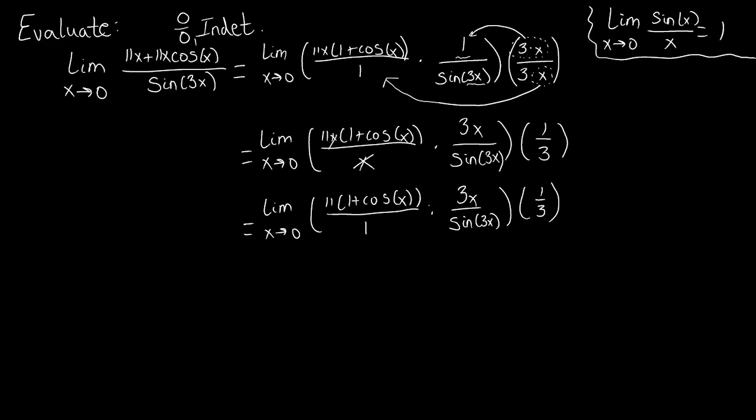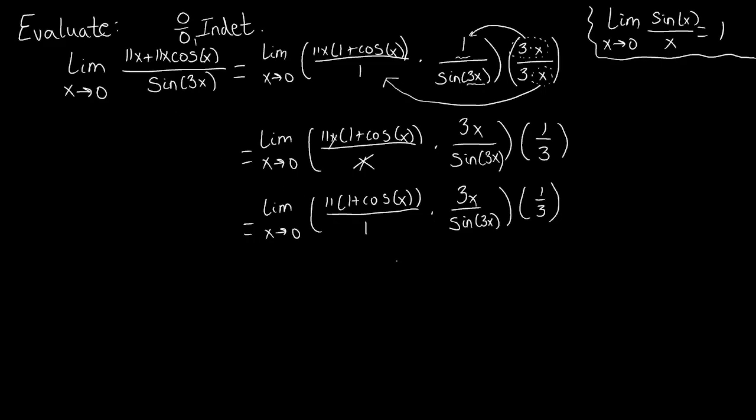And we can also use the product law for limits, or the limit of a product is the product of the limits, so long as the limits by themselves, so namely the limit as x approaches 0 of 11 times 1 plus cosine of x, and the limit as x approaches 0 of 3x over sine of 3x, both individually exist. Then we can take their limits individually and multiply those limits together to obtain the limit of our original function.